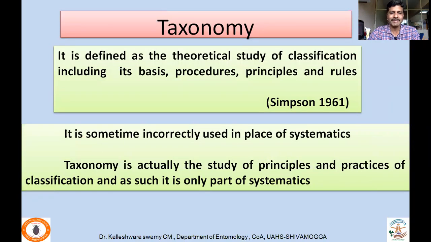Taxonomy is defined as the theoretical study of classification, including its basis, procedures, principles, and rules. So taxonomy talks about guidelines. It is sometimes incorrectly used in place of systematics. Taxonomy is actually the study of principles and practice of classification, and as such, it is only a part of systematics.